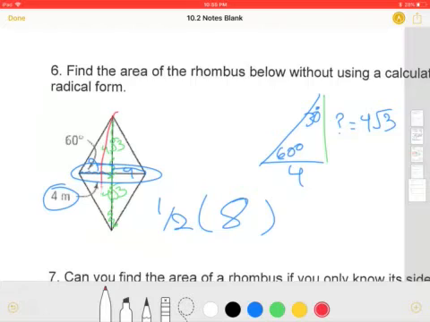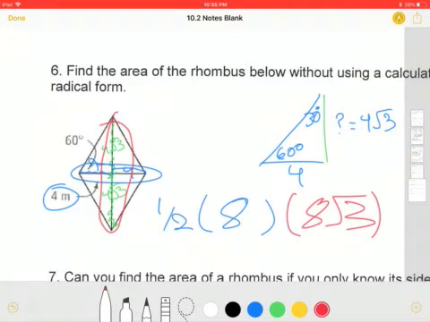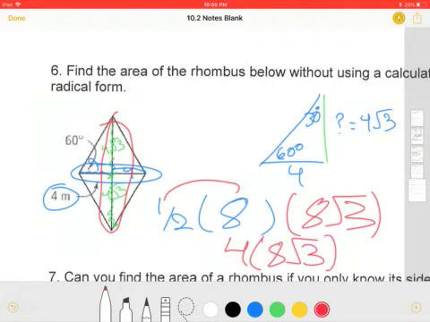In red, this diagonal here is going to be 4√3 plus 4√3, so 8√3. 1/2 times 8 is going to be 4. 4 times 8√3 is going to be 32√3. And we have meters squared for that area.